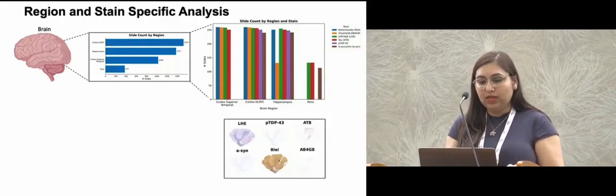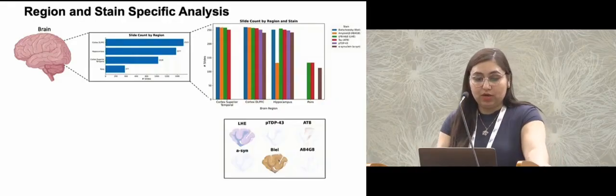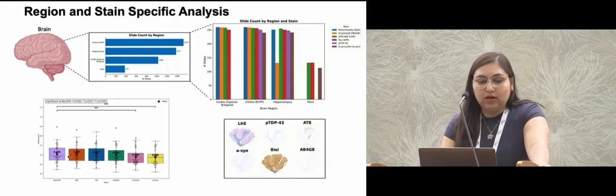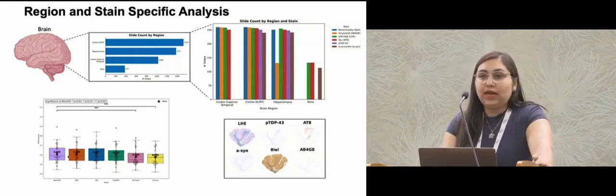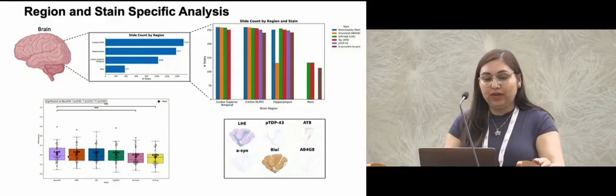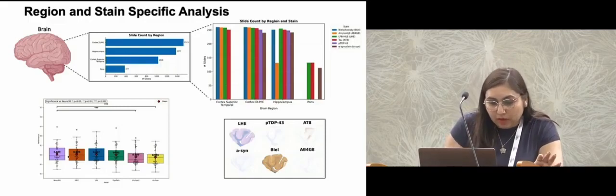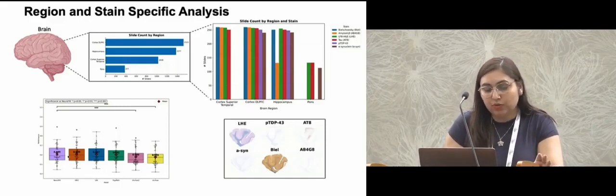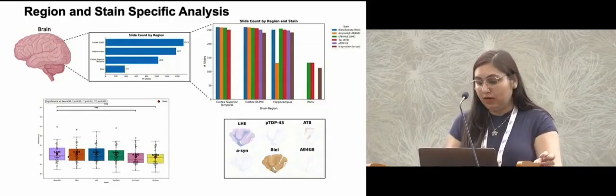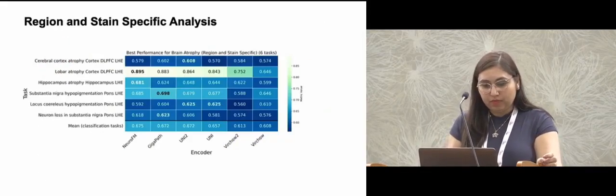These are the 6 stains we used, which include LHE, 88, Bielschowsky, silver stain, amyloid beta, etc. We did the analysis again and compared other foundation models, to see if NeuroFM does better in region and stain specific categories. There also we saw NeuroFM did well and comparable with the other one, which is Uni2, and the other models didn't do well for all these tasks.